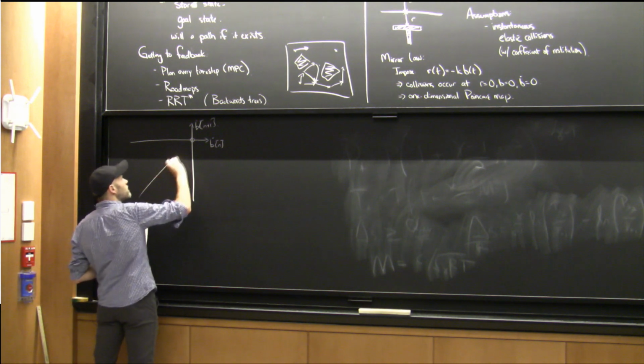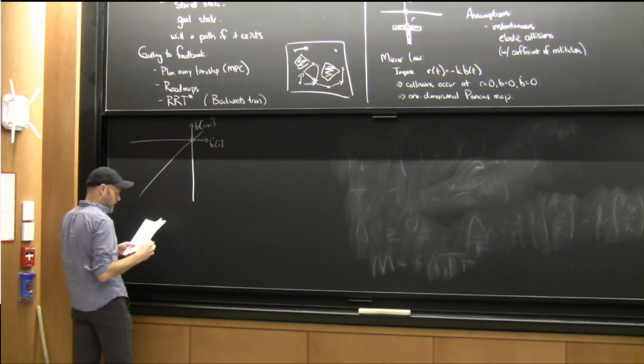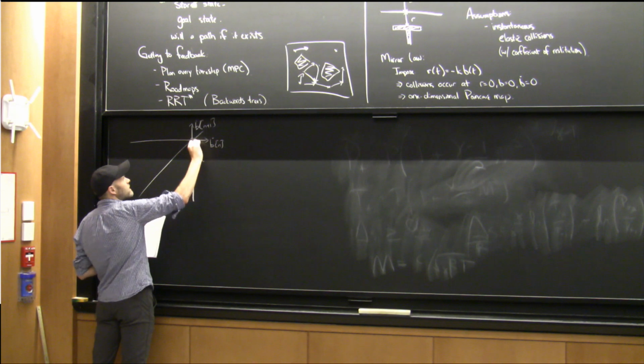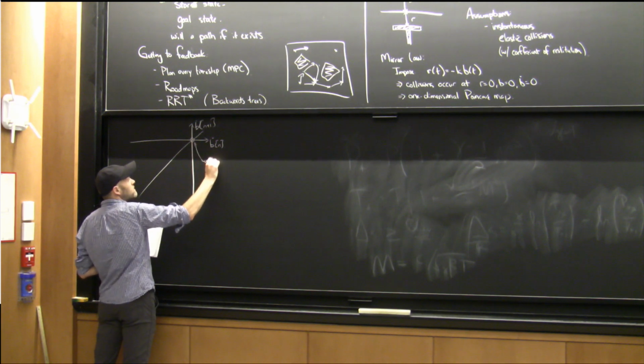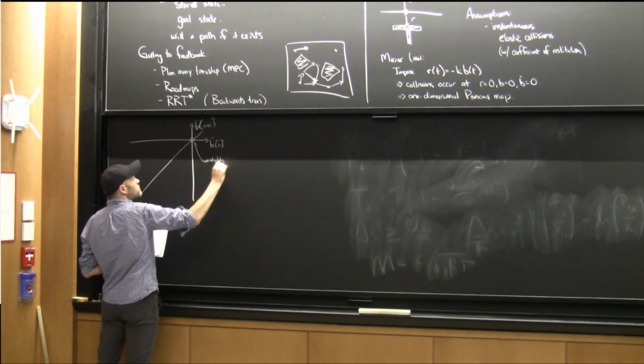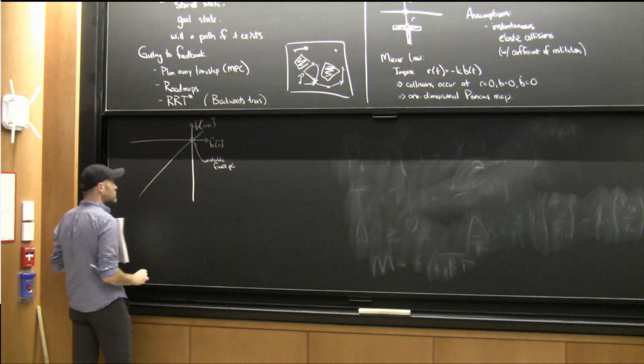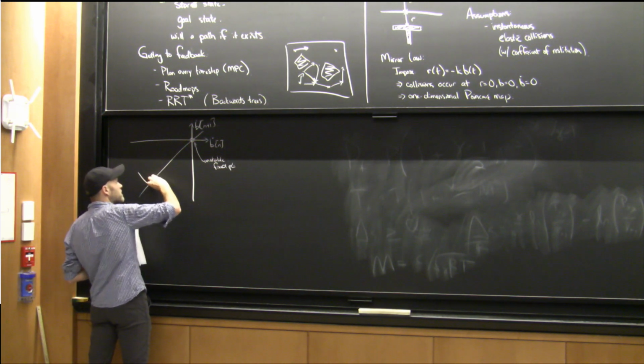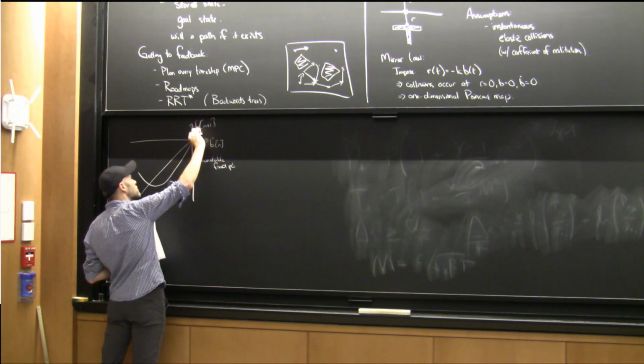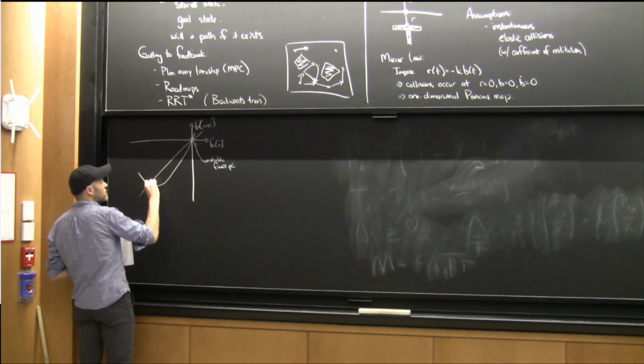There's a line of slope 1, and so this is the unstable fixed point. But the return map has some characteristic shape like this, and there's a stable fixed point here.